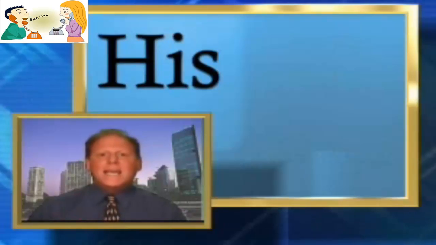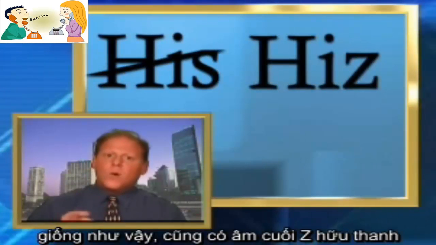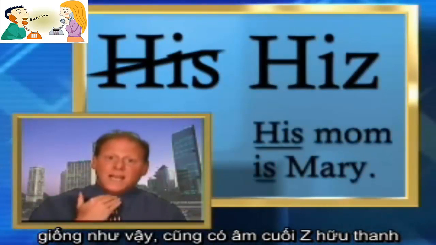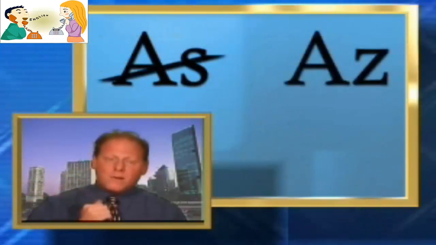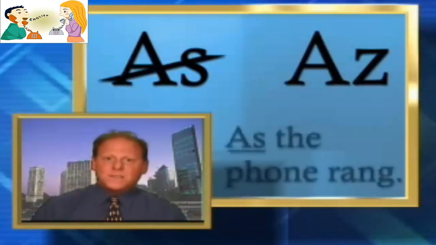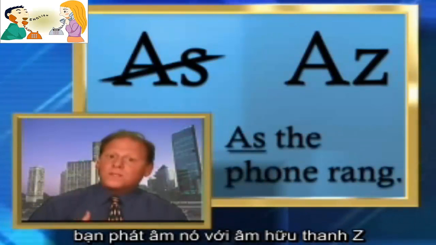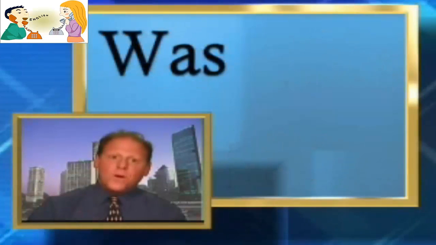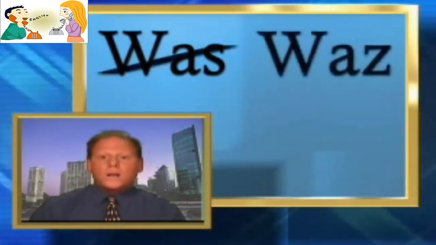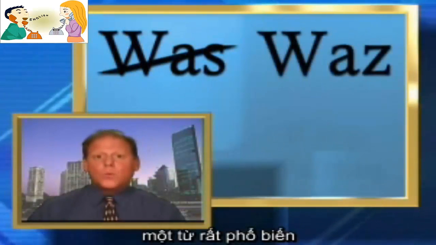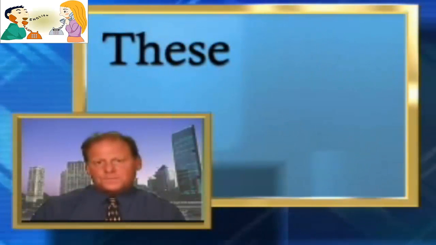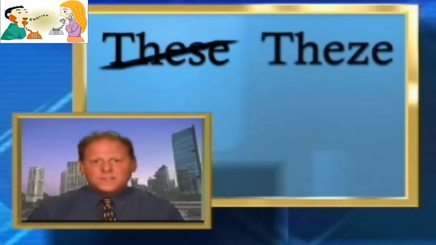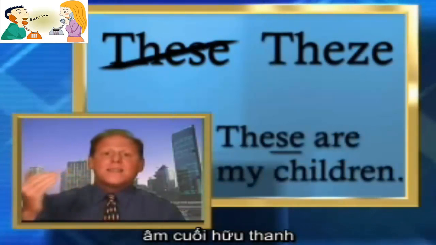Is. His, same thing. It also has a voiced Z ending. His mom is Mary. As, you pronounce it with a voiced Z. As the phone rang. Was, which is a very common word. It was raining. These, voiced ending.